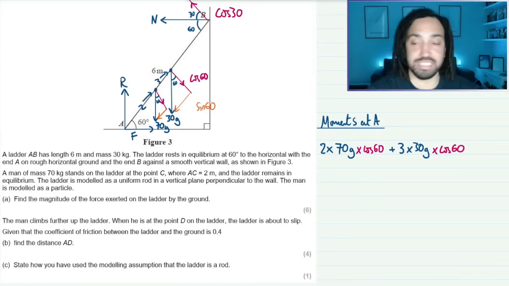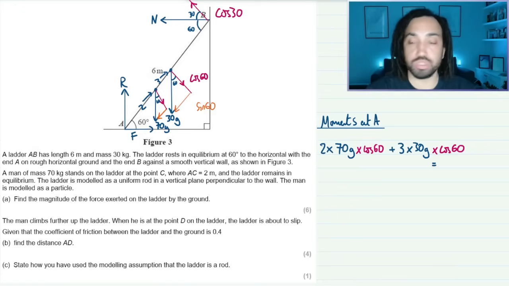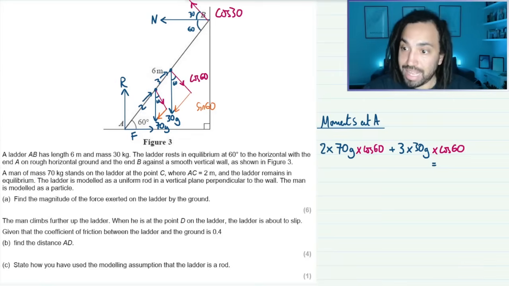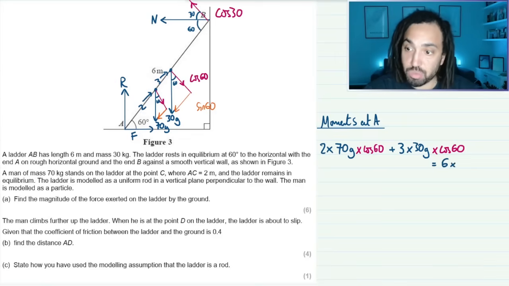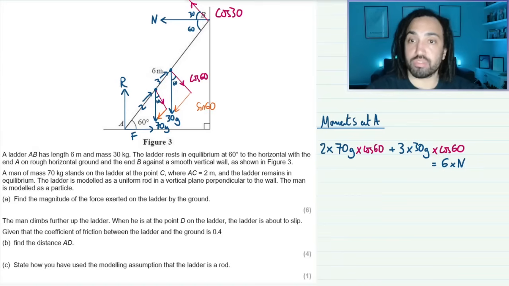And all that is equal to, am I going to run out of space? Yeah, I think I might, so I'm just going to have to write it here. Is equal to 6 is the distance away, N, and the component is going to be cos of 30.